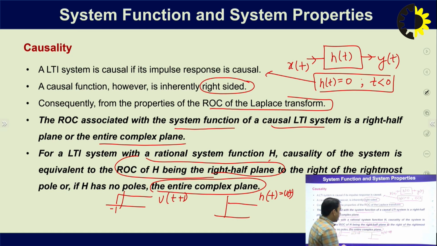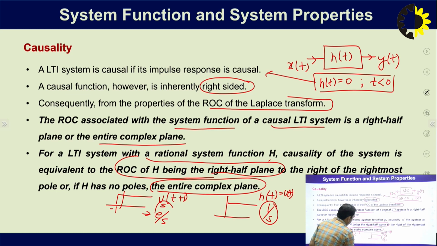The transform of the first is e raised to power s divided by s, whereas the transform for u of t is 1 by s.